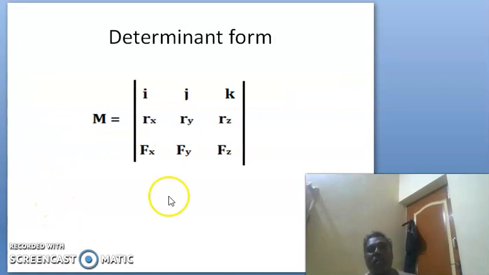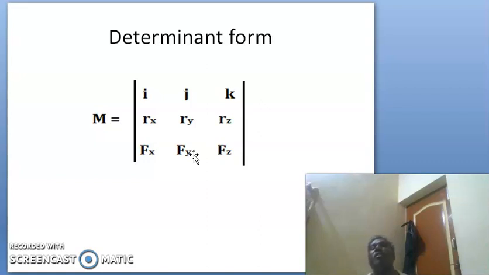So this is the determinant form. With r vector given by rx i plus ry j plus rz k and the force vector Fx i plus Fy j plus Fz k, we get moment vector M is equal to the determinant with rows i, j, k; rx, ry, rz; Fx, Fy, Fz.